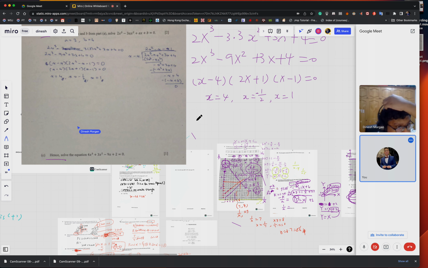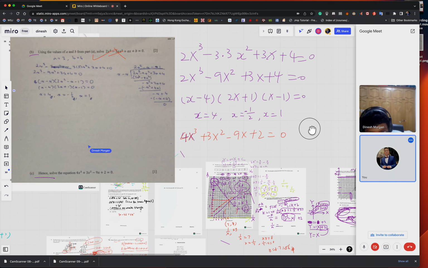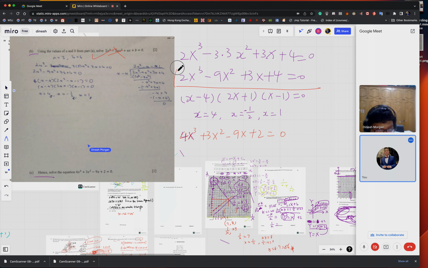So the hence part is this 4x3. No, we don't care about a equal to 3 because this is correct already. So I'm telling you, solve this cubic, you will get this.